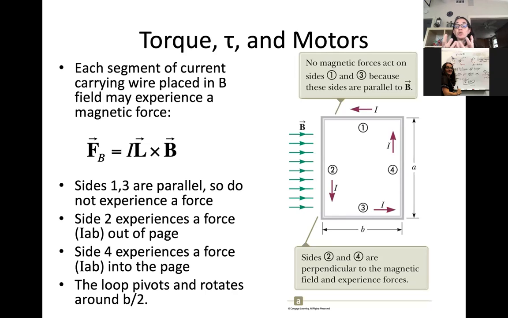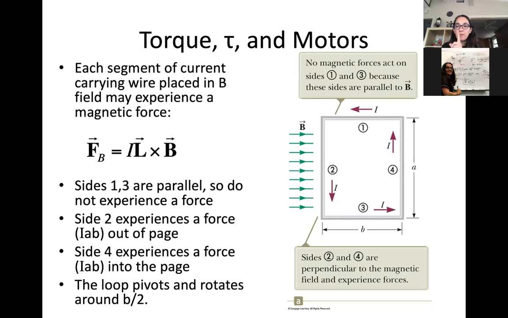You can then use that rotation, as engineers do, to make it do something. Make it spin something, make it turn something, make it move something, make the wheels of a Tesla go. Okay? So we're getting into some cooler applications of electricity and magnetism.